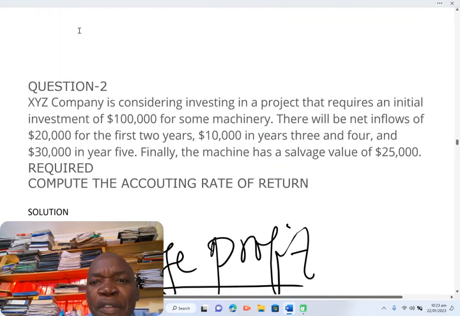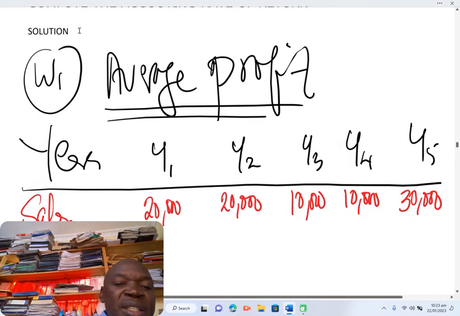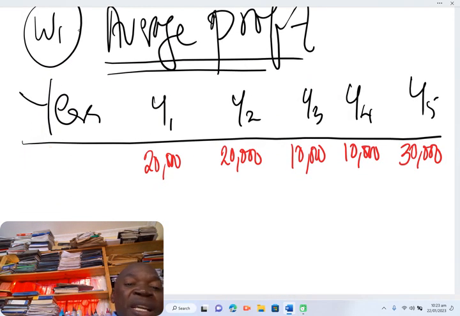This is an inflow. It says net inflow, so it's not sales. Net inflow means sales minus expenses.